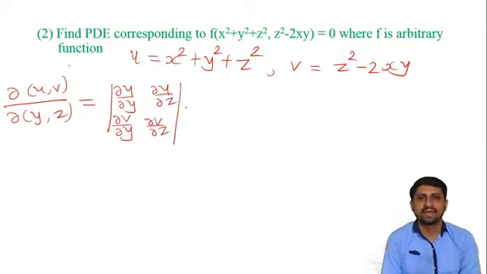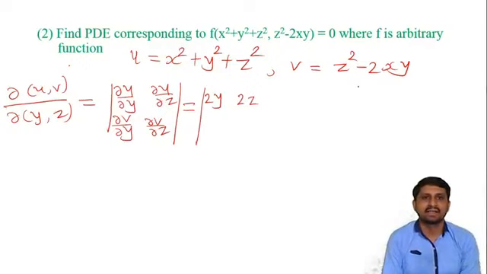So we find this determinant. Now, what is del u by del y? That is 2y. Del u by del z is 2z. Del v by del y, you can see from this equation, that is minus 2x. And del v by del z is 2z. Easy to understand.